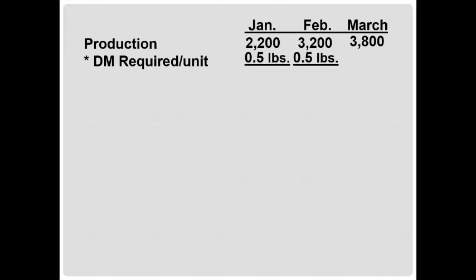Production is 2,200 units in January. We just computed that. We computed February production to be 3,200 units and March 3,800 units. We know that each one of these will require 1/2 pound.